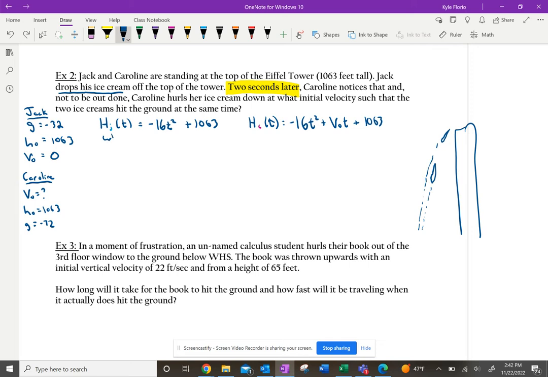So when does his ice cream land? That's when the height is 0. So when h equals 0. So 0 equals negative 16t squared plus 1063. Add 16t squared to both sides. Divide both sides by 16.